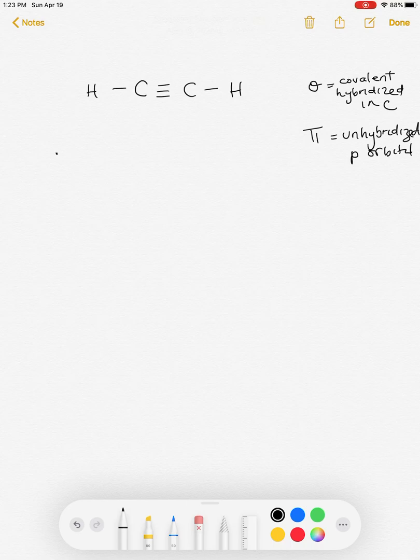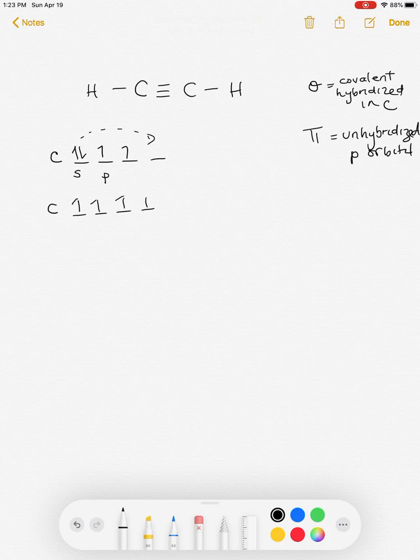So before we even attack this, carbon normally looks like this. So S and P normally looks like this in an unbonded state. Once carbon is bound to something, we put forth the theory of hybridization to explain carbon's ability to make four bonds, right? So essentially, this gets promoted.